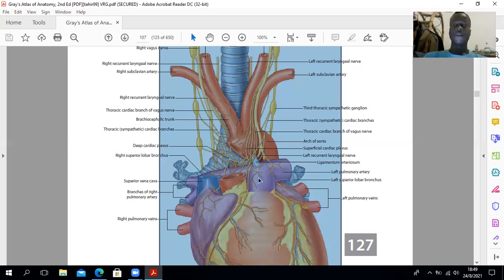Then also from this diagram, we can appreciate the relationship of the pulmonary artery to the aorta, right? This relationship comes about due to the spiraling nature that occurs in the truncus arteriosus during embryonic malformation, which is going to place the pulmonary artery just inferior and to the left of this ascending aorta.